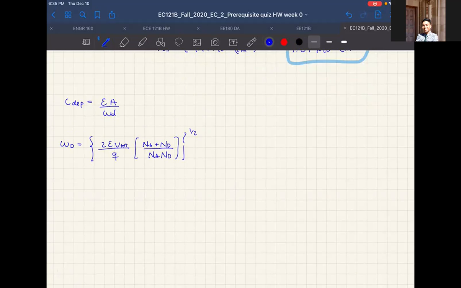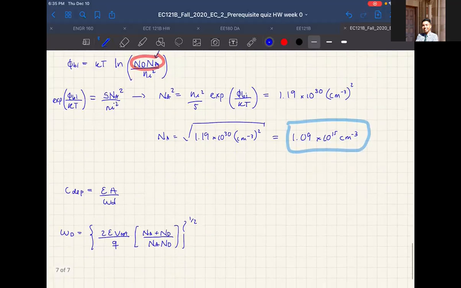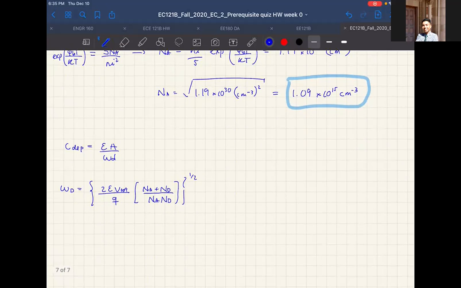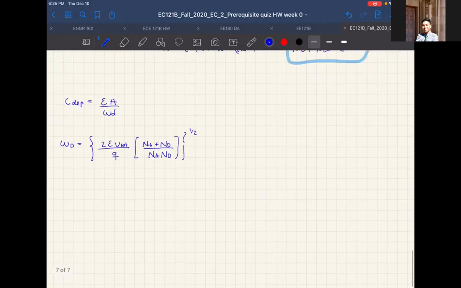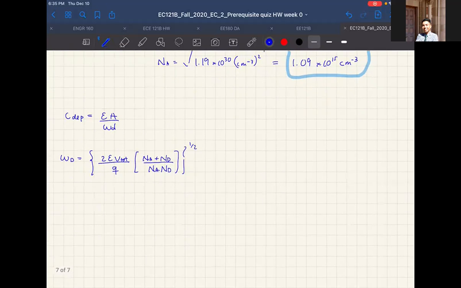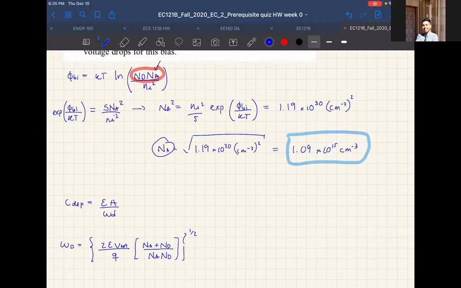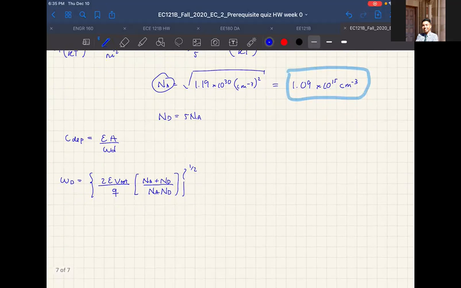So for this, I will skip the math because it's really a lot of algebra. And I really feel this part is not going to add too much to you guys just to know how to do this math. But one thing that I do consider important is that we know the relationship between Na and Nd, right? So you could directly use that in here and just do the addition and division.